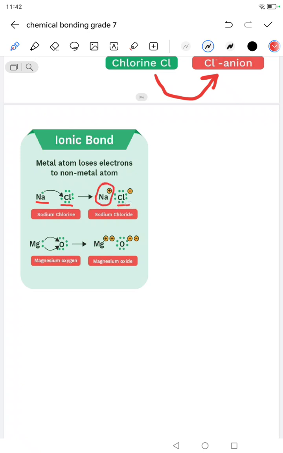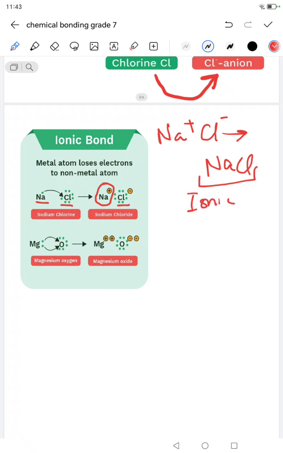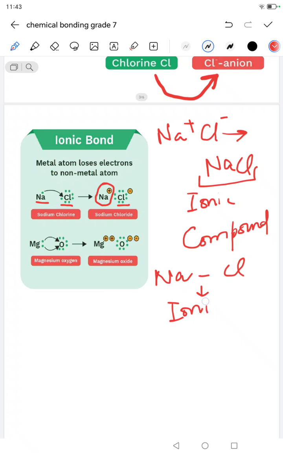Along with that, an ion of chlorine is generated, and these two ions, sodium ion and chloride ion, combine to form sodium chloride, and this is the ionic compound, and the bond in between these two is the ionic bond.